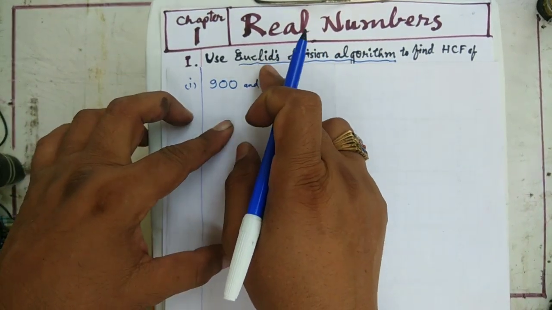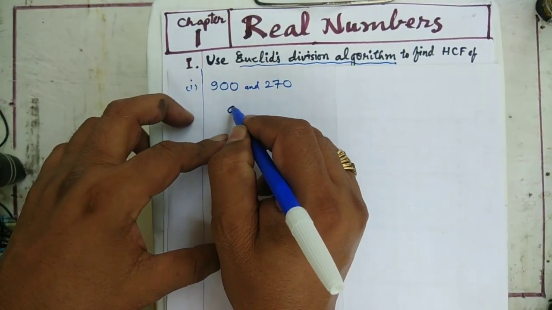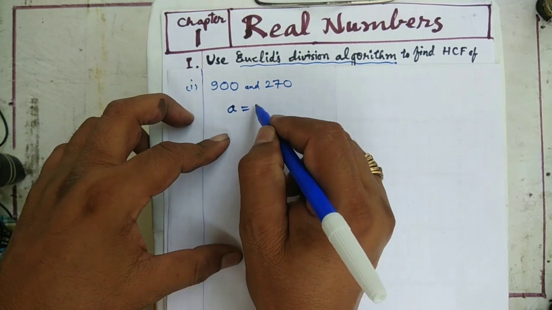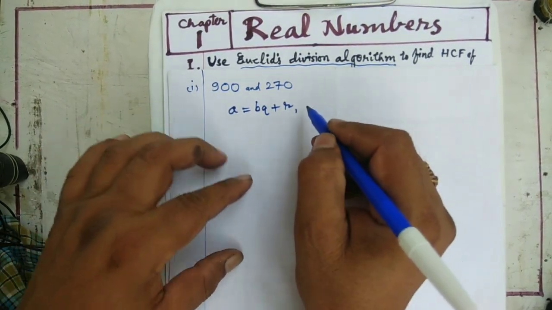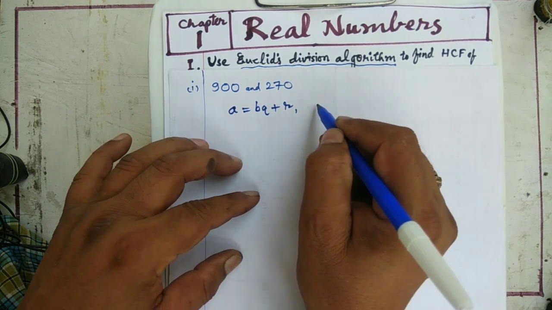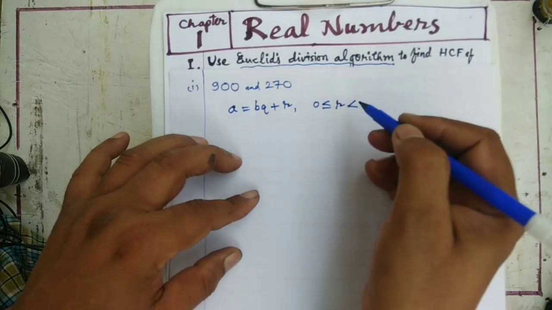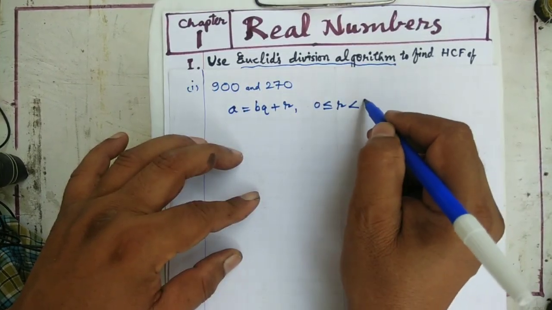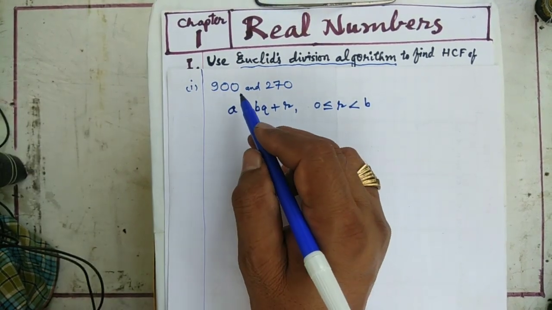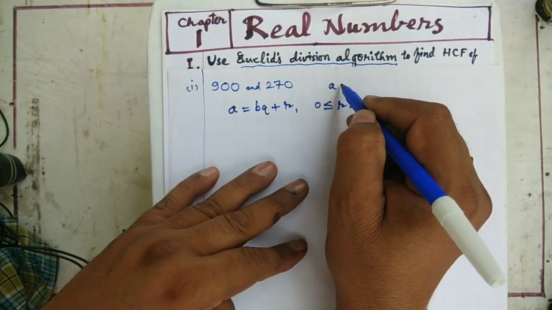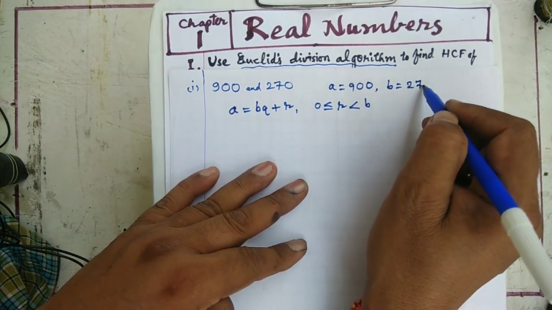We know Euclid's division algorithm: a = bq + r, where 0 ≤ r < b. Here, what are a and b? a is equal to 900, b is equal to 270.